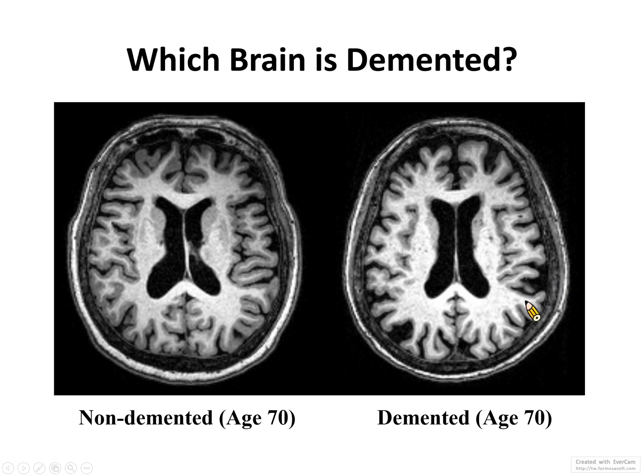In this case, the right one is the demented person, and you can see there is more atrophy in the temporal cortex, which is quite common in patients with dementia. However, this is not diagnostically specific. That's why there is no guideline or gold standard for radiologists to diagnose dementia just based on MRI images.